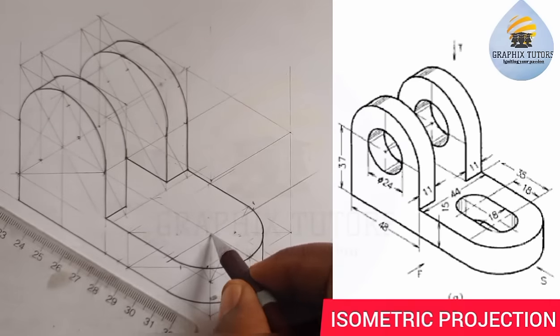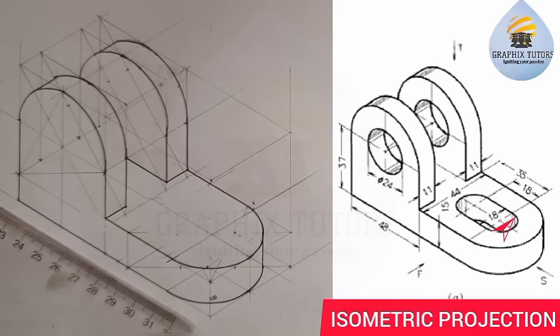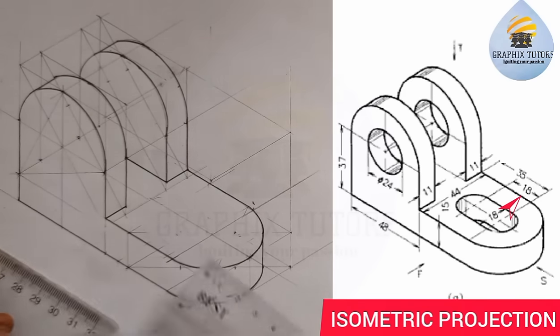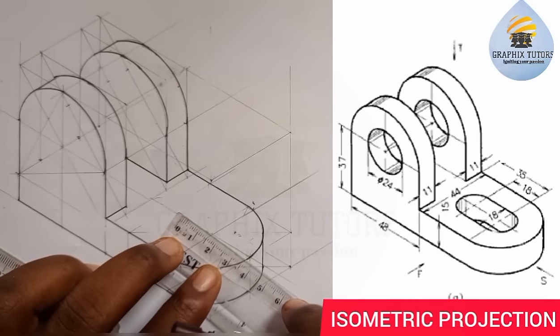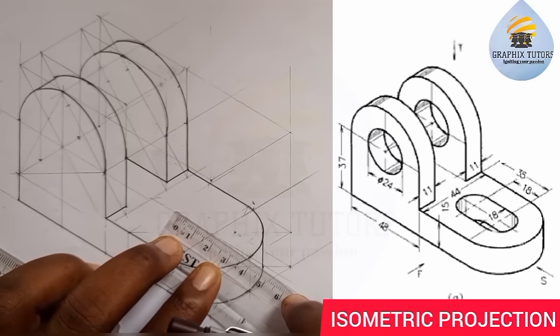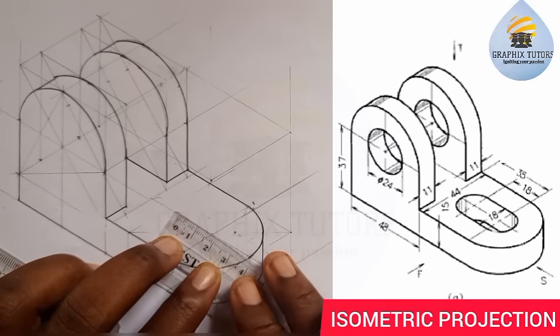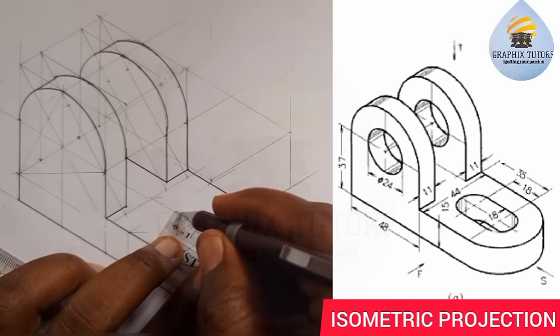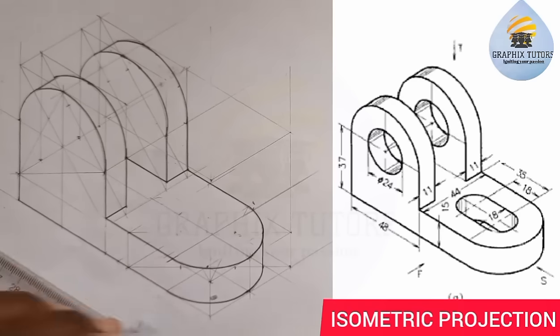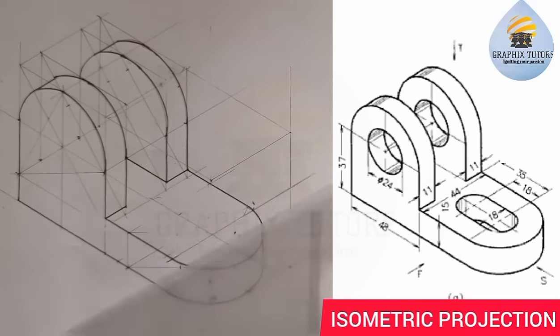The center point. And we're told that from this center to the next center is given to be 18. So from here, I'm going to measure 18. This is the 18 here, right? I'll rule that line again.